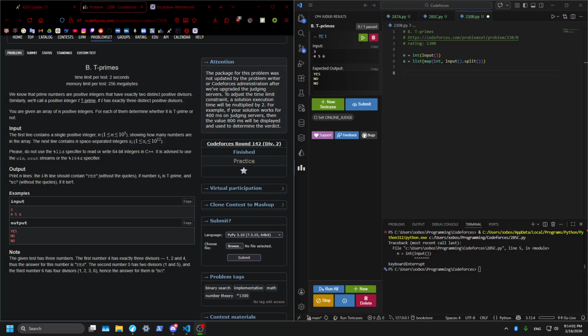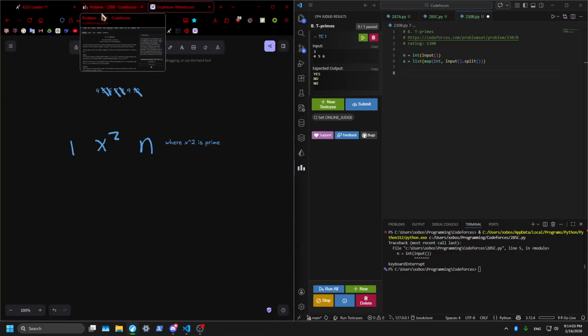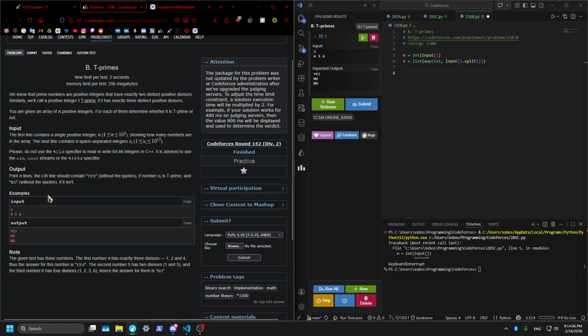Okay, where were we? So 1, x, x squared, n, right? What are we looking for again? So if it is T-prime, then we print out yes, else we print no. We have to compute each one by one, right?